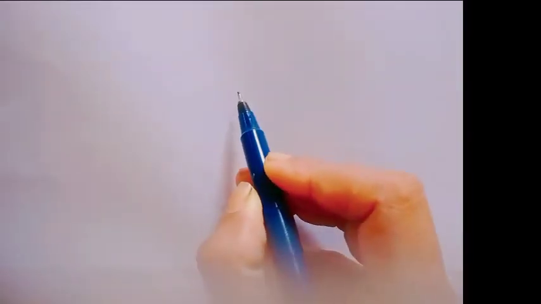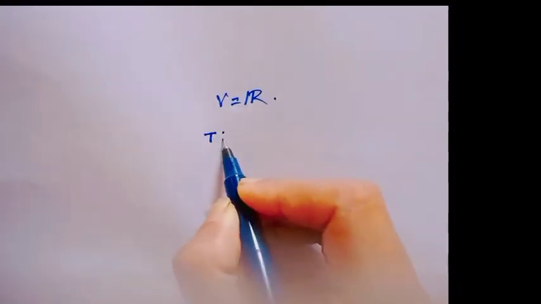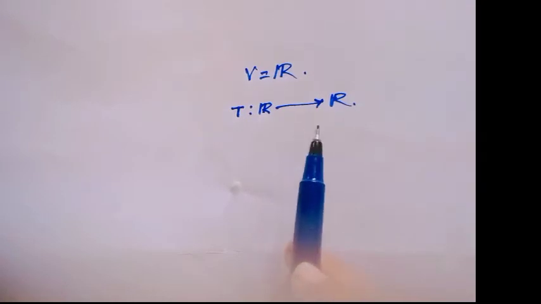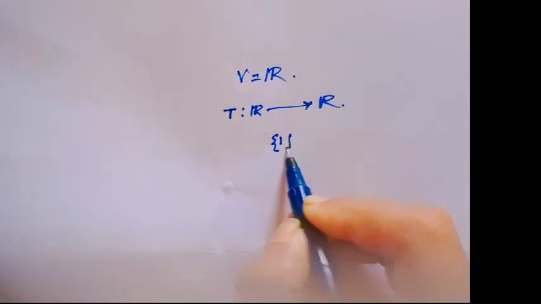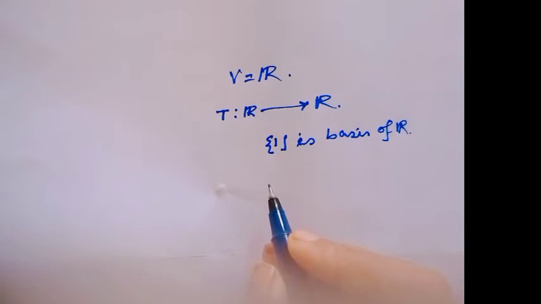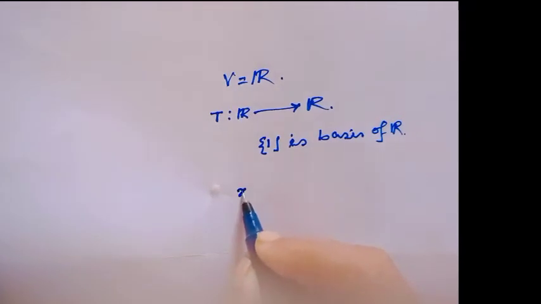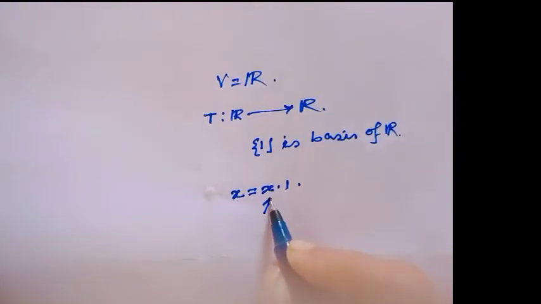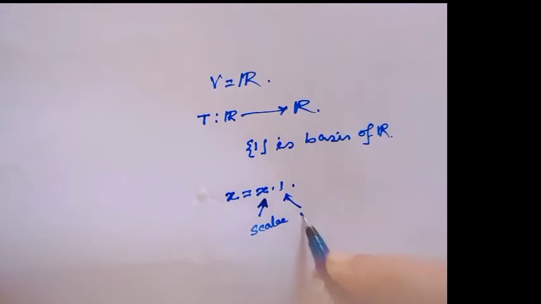Our next example: consider the vector space R and the function T from R to R, where domain and codomain are both R. We all know that 1 is a basis of R, because any arbitrary element x of the real numbers can be written as x times 1, where x is a scalar and 1 is a vector.